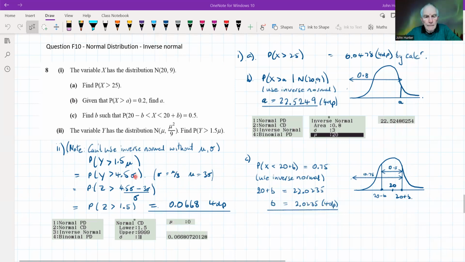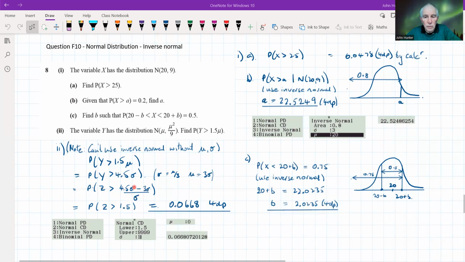Okay, so we can convert this to our z random variable. This is the converted or equivalent random variable on the standard normal. What we do is subtract the mean and divide by the standard deviation.